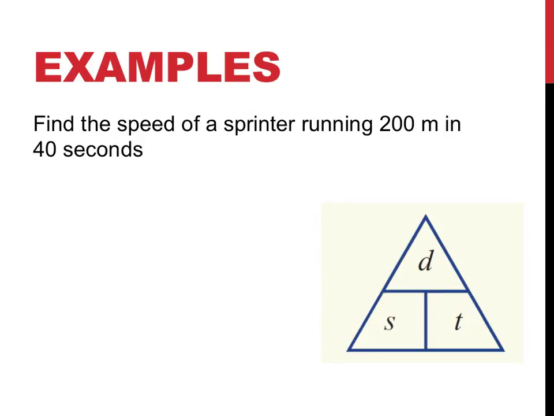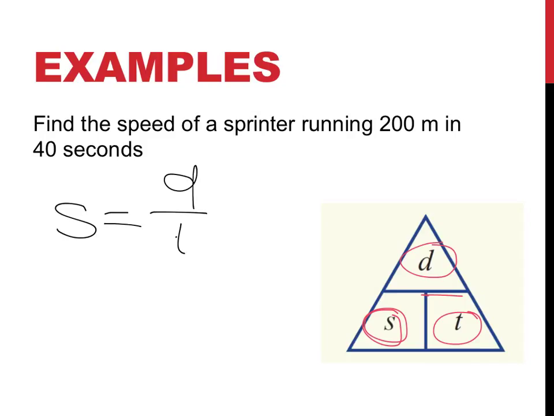Okay, the last example. Find the average speed of a sprinter running 200 metres in 40 seconds. This time we're looking at speed. I've got distance on the top, a line, and then time on the bottom. As you could have guessed, speed equals distance over time.